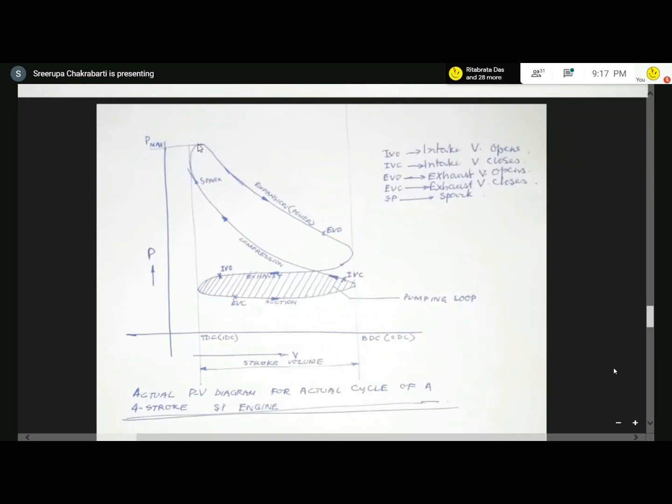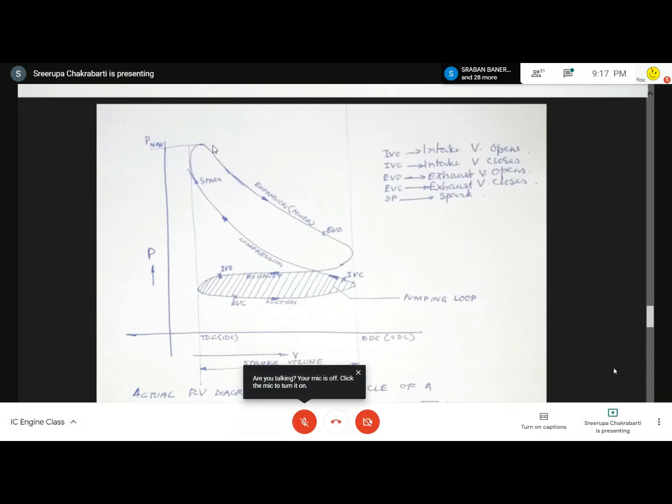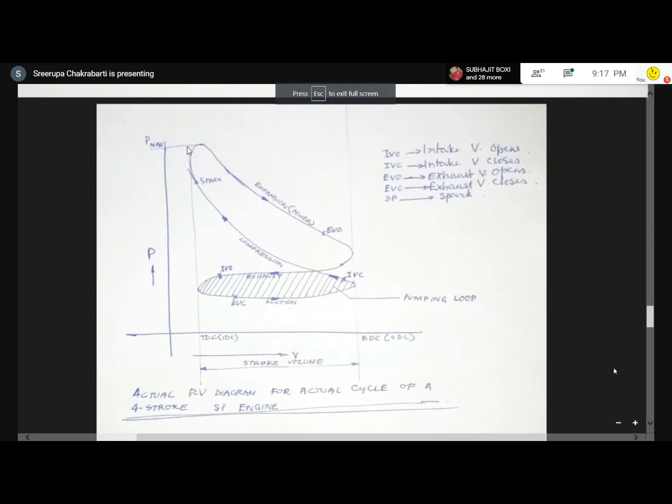And if the combustion takes more time, suppose this curve rises with a lower slope and becomes a peak pressure here, so out of 180 degrees, suppose 50-60 degrees rotation of the crank is gone, then only 120 degrees is left for the power stroke to occur. But we want the peak pressure to be achieved as close to the top dead center as possible.